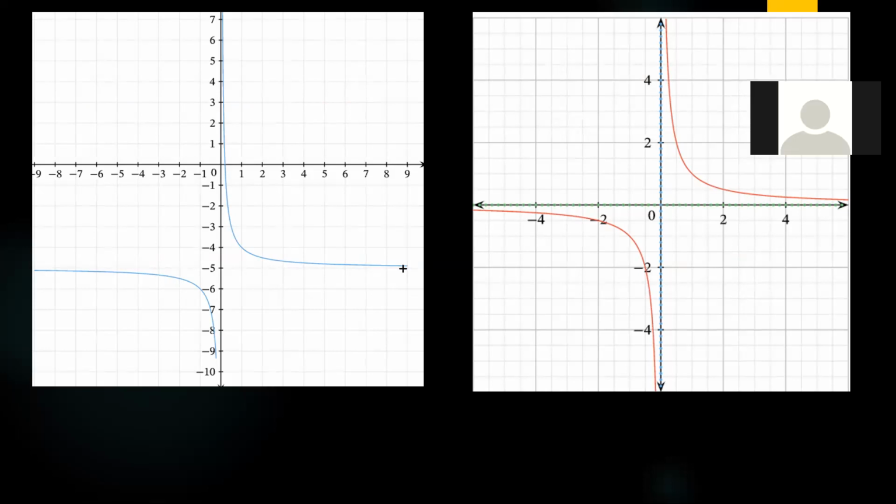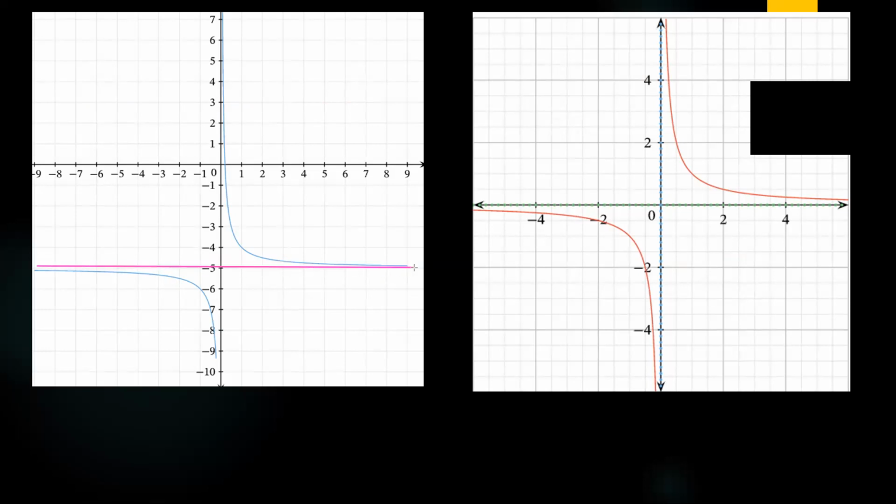At the y-axis, as you see, the curve didn't touch the axis, and at point -5, the curve didn't touch this line. So we have two asymptotes, at y equals -5 and at the y-axis.